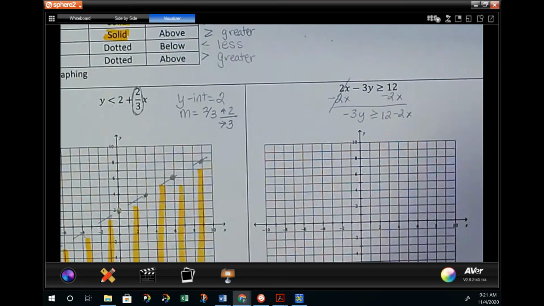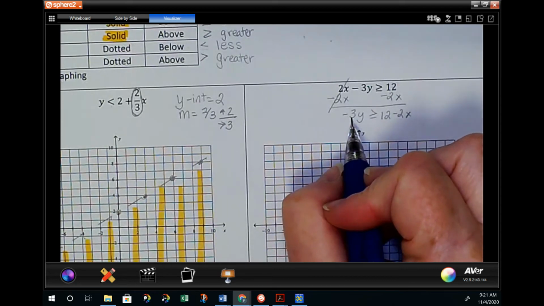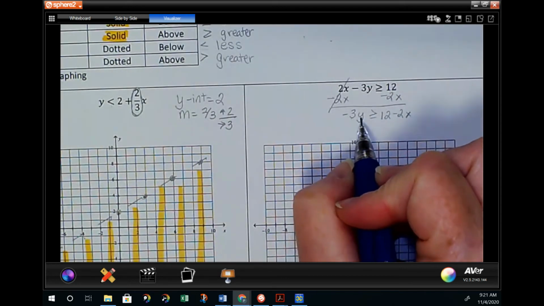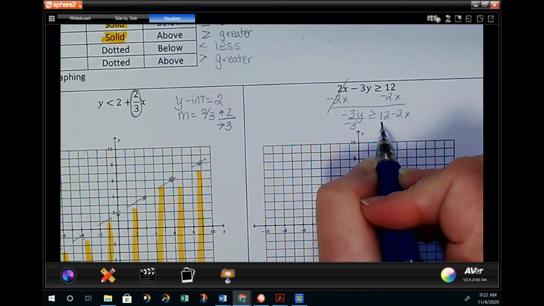So that next piece of the puzzle says, okay, well now I've got to undo multiplication. So I'm going to divide by negative 3 on both sides.